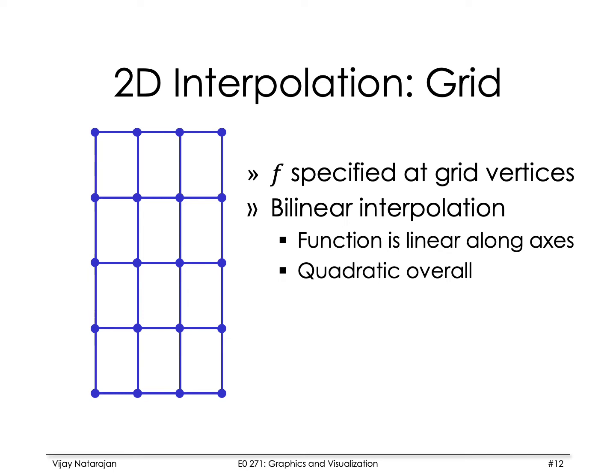However, if we apply this linear interpolation independently along each axis, we end up with a quadratic function. It so happens that the quadratic function does not have an x squared or a y squared term, but it does have an xy term. And here is the general form of a bilinear interpolant. So this is what is called a bilinear interpolant.